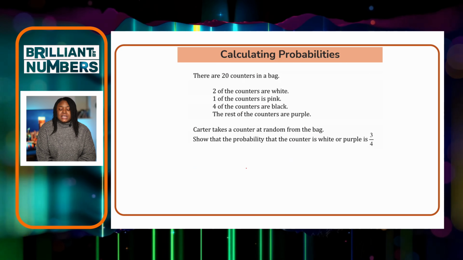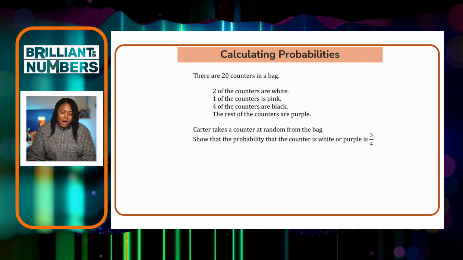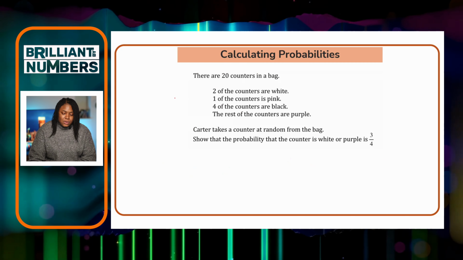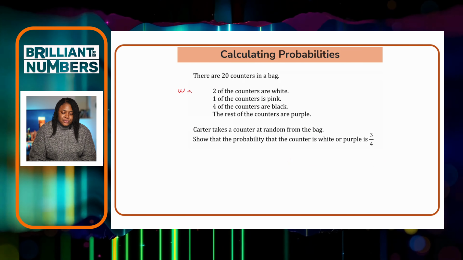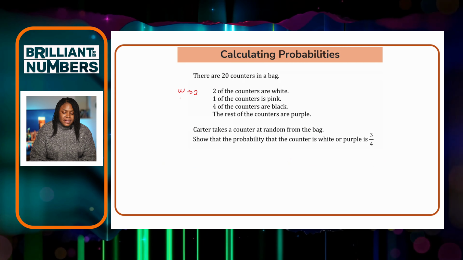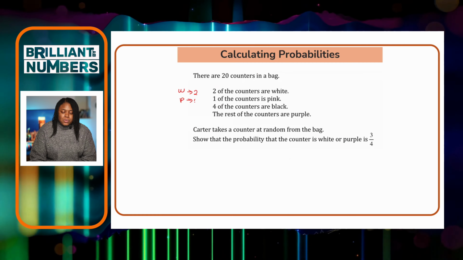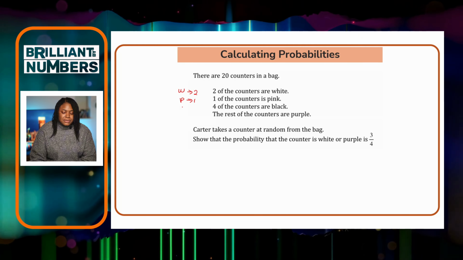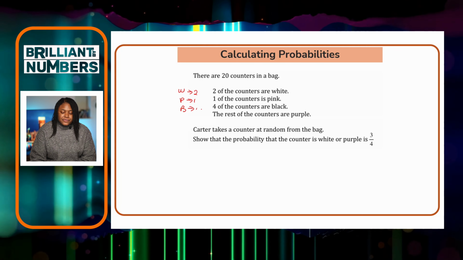Beautiful. Now guys, we're going to do our final question and then we will summarize. So there are 20 counters in a bag. 2 are white, so I like to write things out. So white is 2, 1 is pink, so pink is 1, and 4 counters are black, so black is equal to 4.